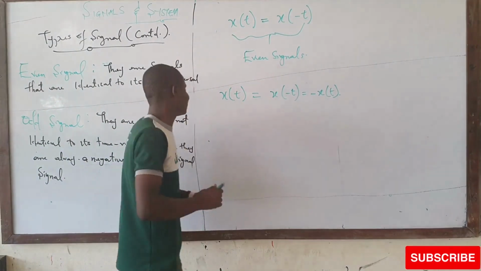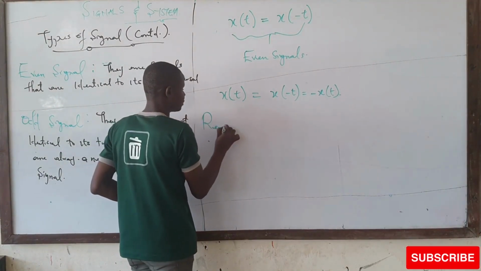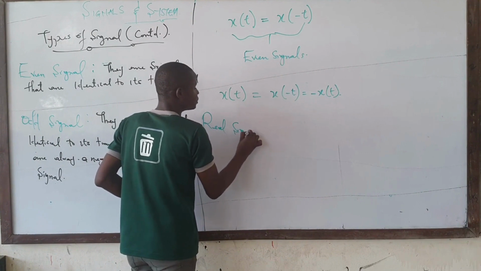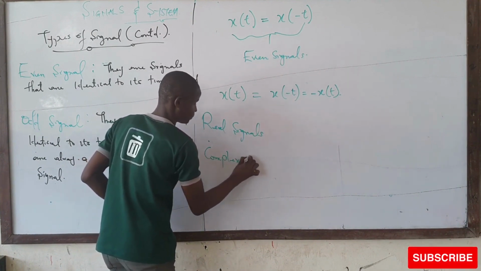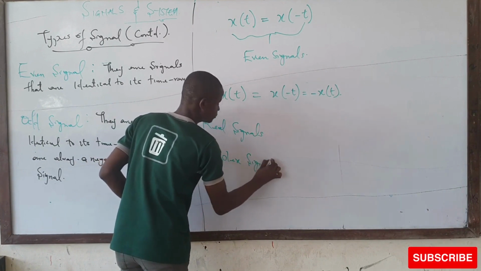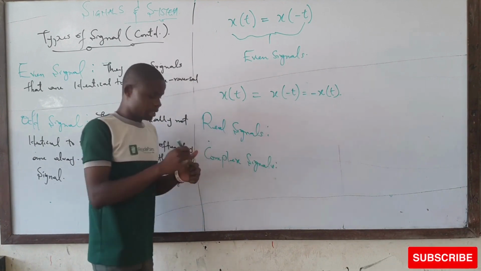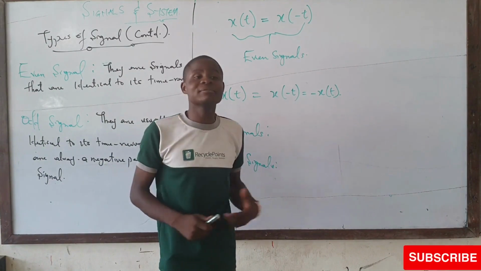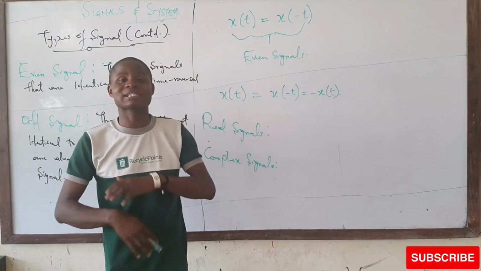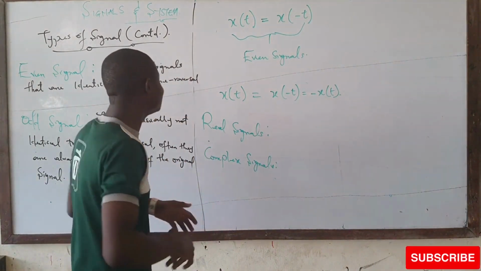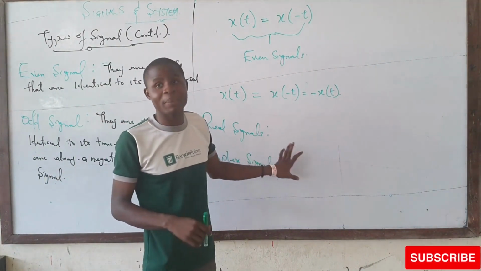Now let's talk about real signals, real-valued signals, and complex signals. Real signals are signals that are specifically defined within the range of real numbers.